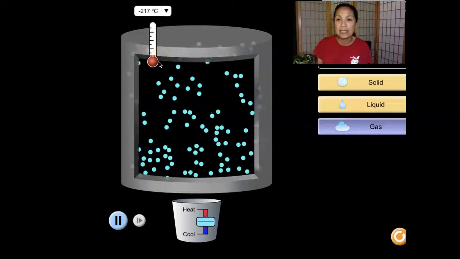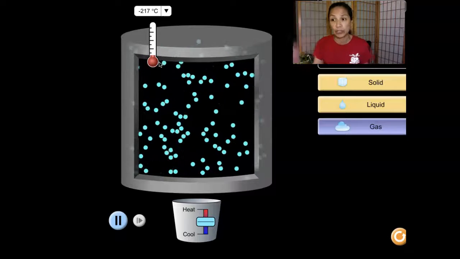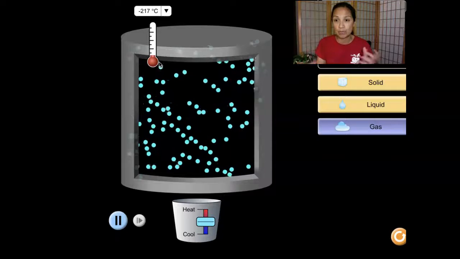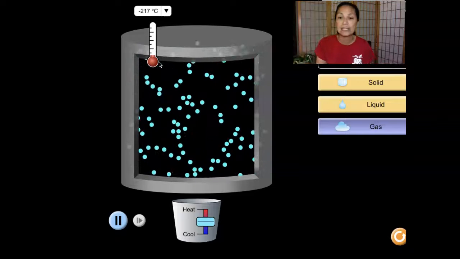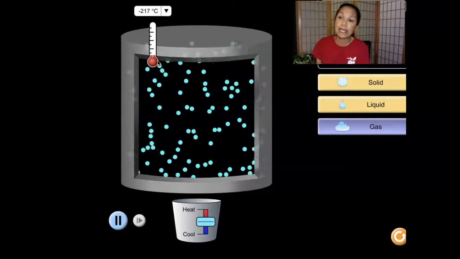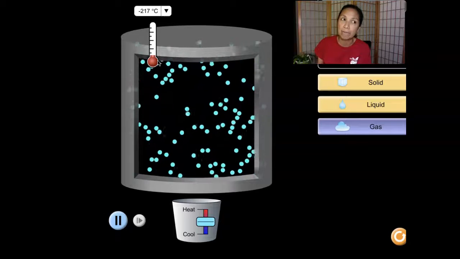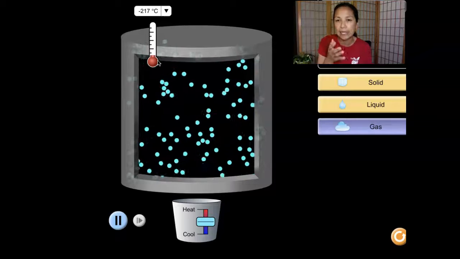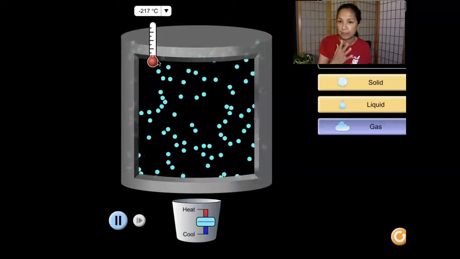Now heat is the transfer of that thermal energy from one object to the other. So heat in itself needs two objects. Thermal energy transfer is called heat. The direction of heat is always from warm to cool. If you have hot cocoa and you drink it, you can feel the warmth of the cocoa on your tongue or on your lips.